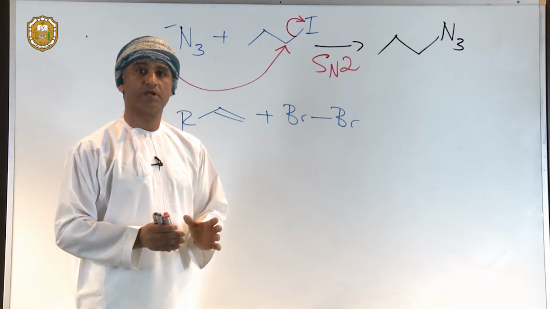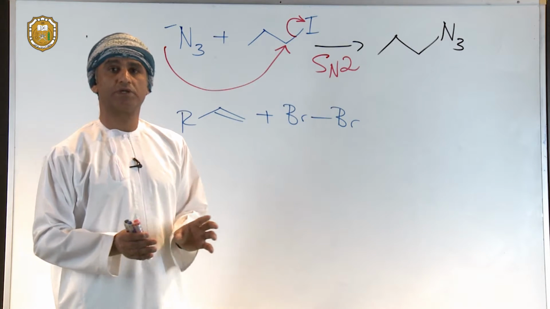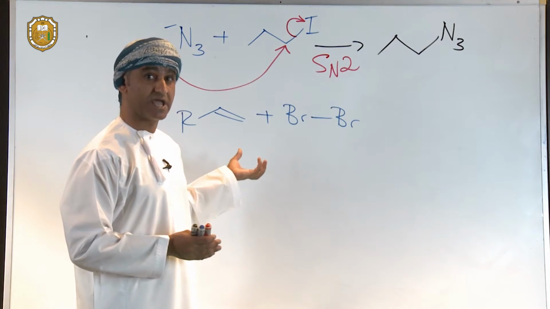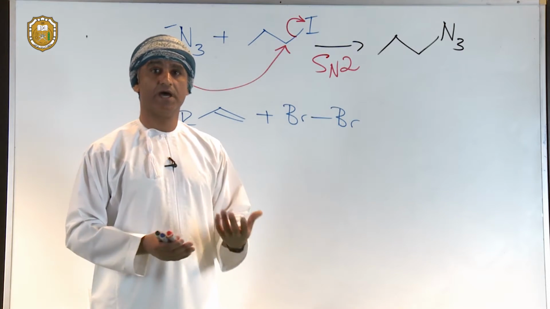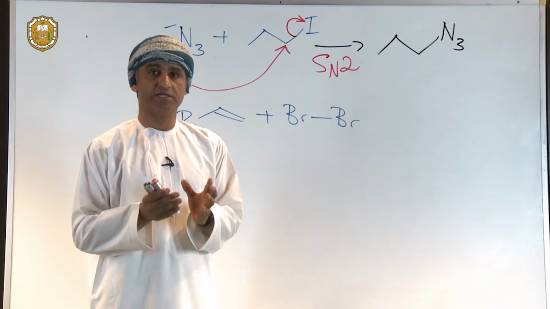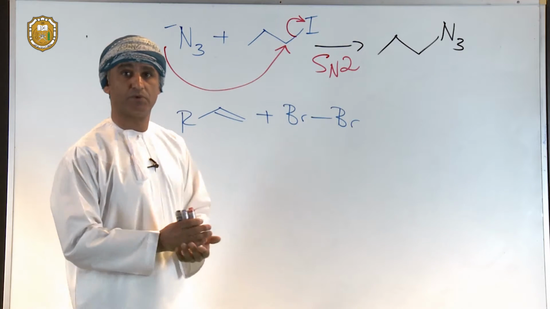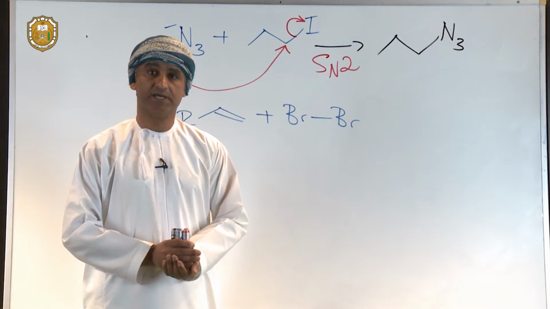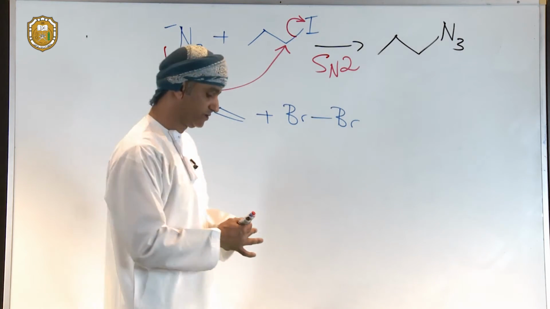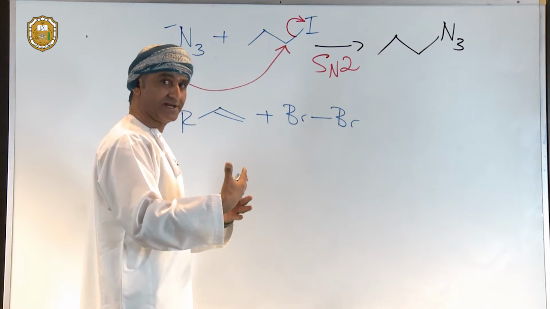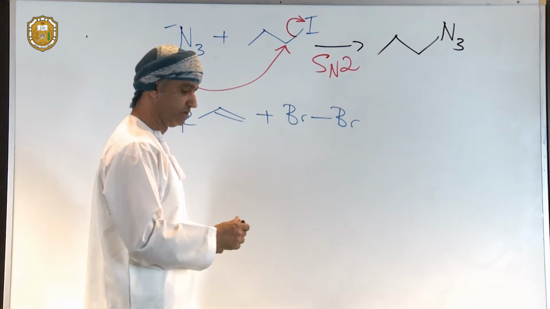Specifically, we are talking about orbitals here, frontier orbitals. This reaction is an example of an organic reaction involving a full orbital in the carbon-carbon double bond and an empty orbital in the Br-Br bond. We are talking about the HOMO-LUMO overlap, or HOMO-LUMO interaction.